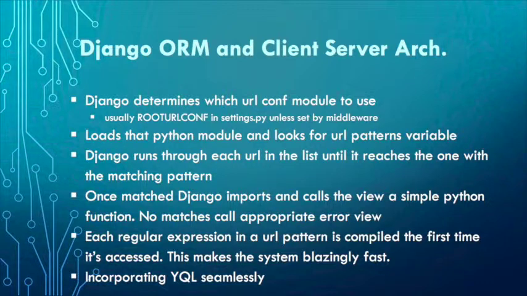But how it does this is by running through each of the URL patterns in a list until it reaches the one with a matching pattern, and then once that occurs, it imports and calls the view, which is a Python function with arguments, and this allows us to handle errors well, because you can set up defaults for different kinds of mismatches.